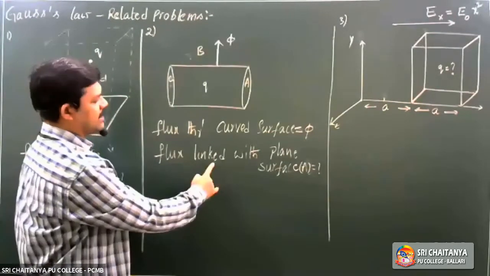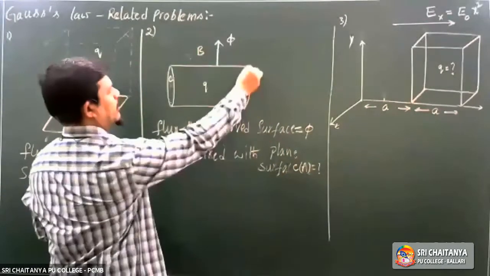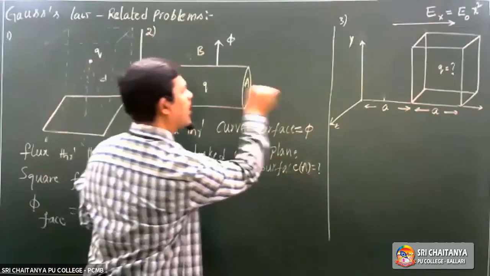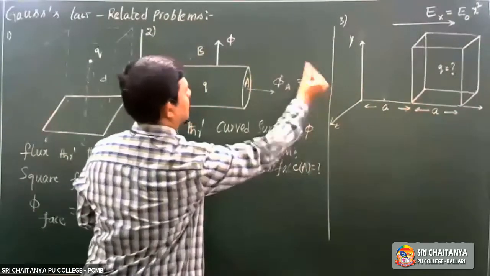What is the flux linked with the plane surface A? Through this plane surface, what is the flux coming out? This is the question asked.